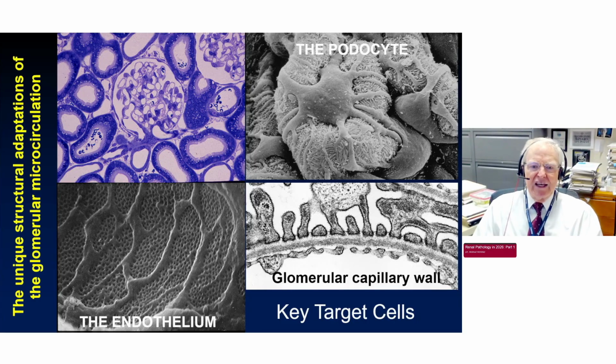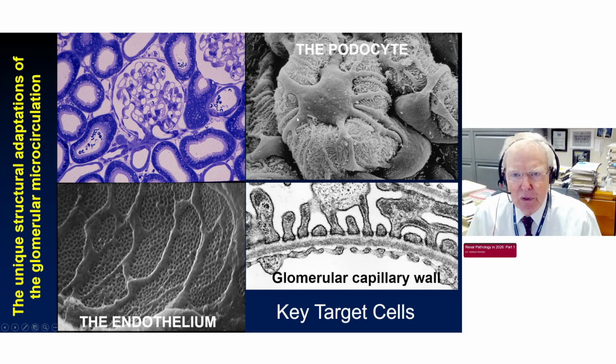So the critical aspect is, of course, the glomerulus. The glomerulus is the site, in this case, of the injury, and it's not the podocyte, which is responsible for the proteinuria, but rather the endothelial cell. And the endothelial cell is as highly differentiated in the glomerular capillaries as the podocyte is.